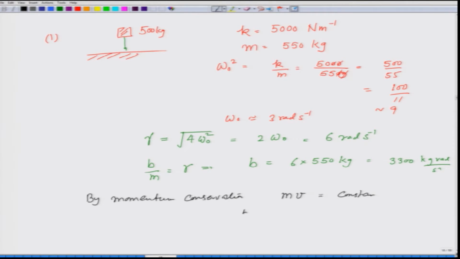So, I have 500 kgs falling from a height of 1 meter. So, 2gh gives me 20, is equal to, now the mass is going to become 550 v. So, v becomes 10 over 11 square root of 20 meters per second.